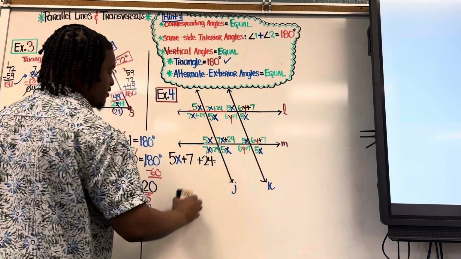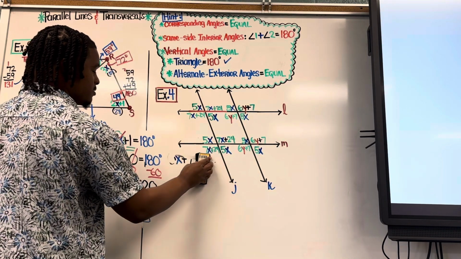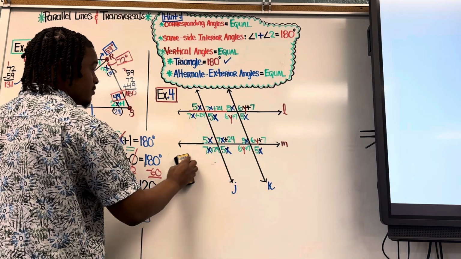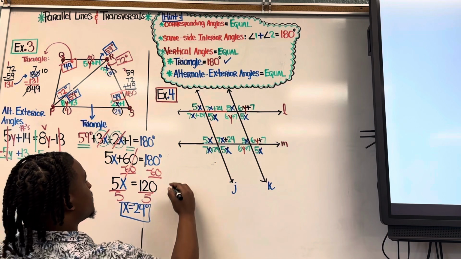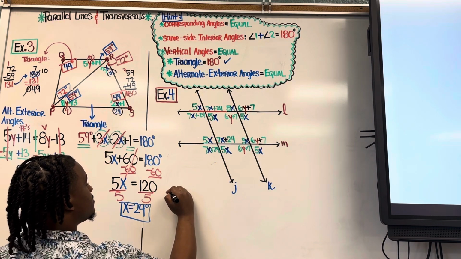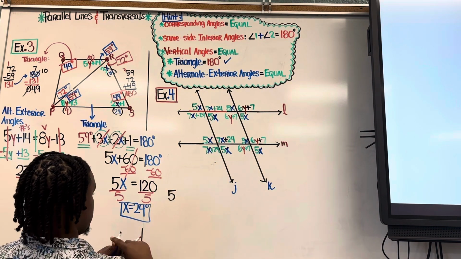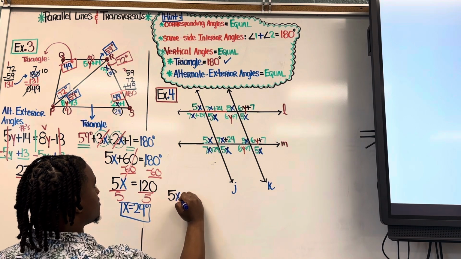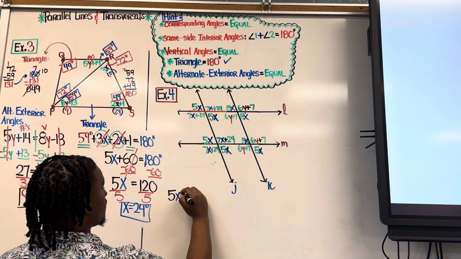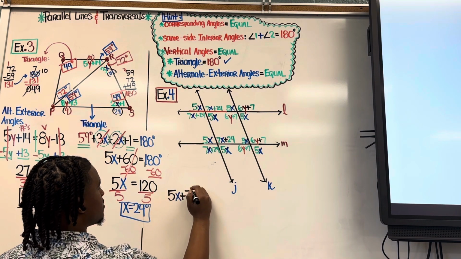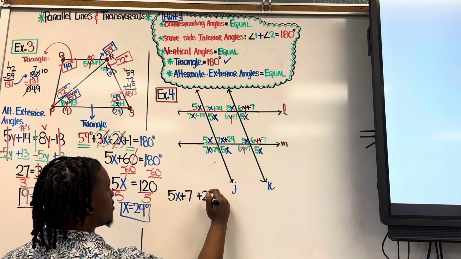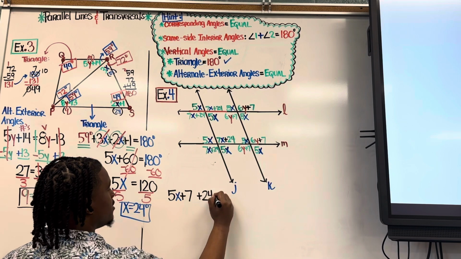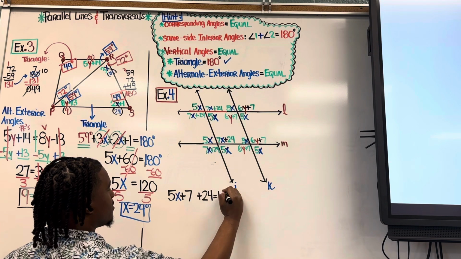Let me write it somewhere else because I don't have a lot of space and I don't want to mess up the space. So once again, we got 5x plus 7x plus 24 equals 180.